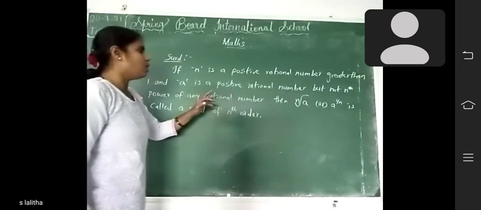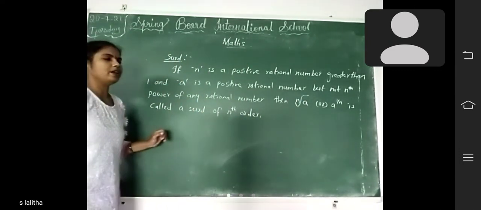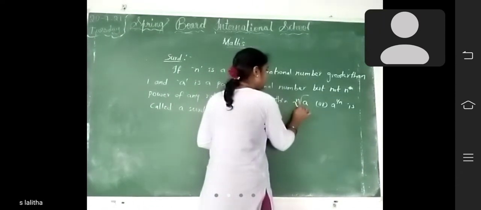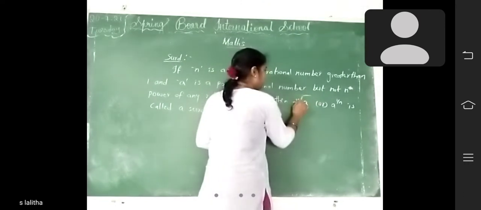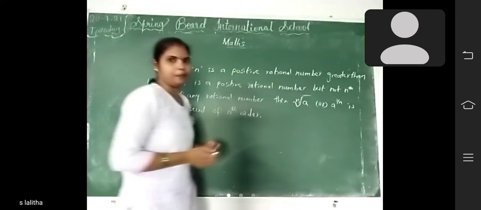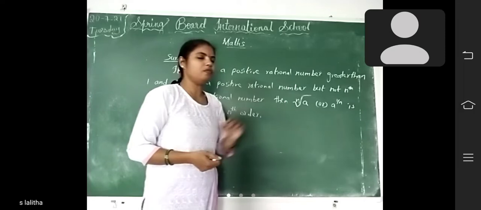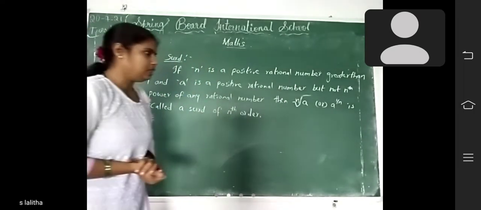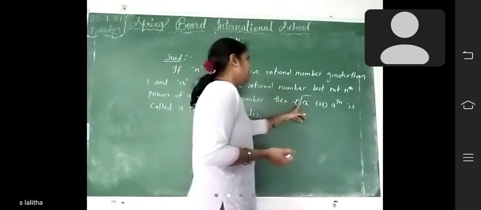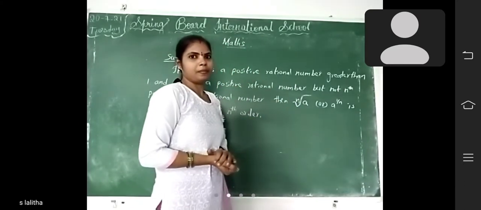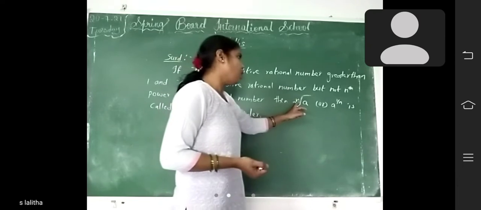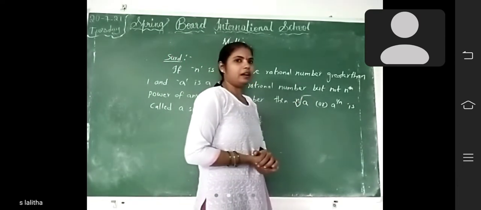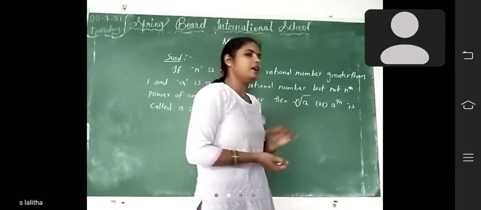That is called nth root of a or a power 1 by n is called a third. You have to write n in the middle of this square root. Okay. So nth root of a or a power 1 by n is called a third of nth order. So here n is called what? It is an order. N is the order. And what is the symbol? Radical symbol. And a is called radicand.